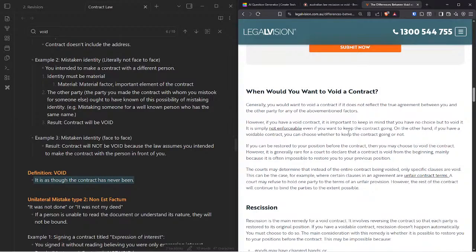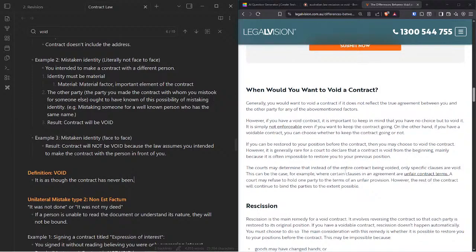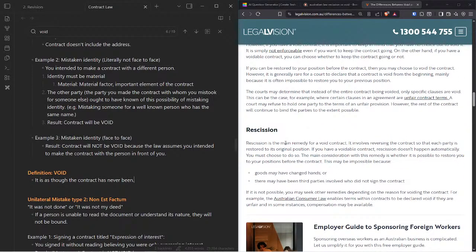Oh, rescission is a remedy for a void contract. Yeah. Oh, right.